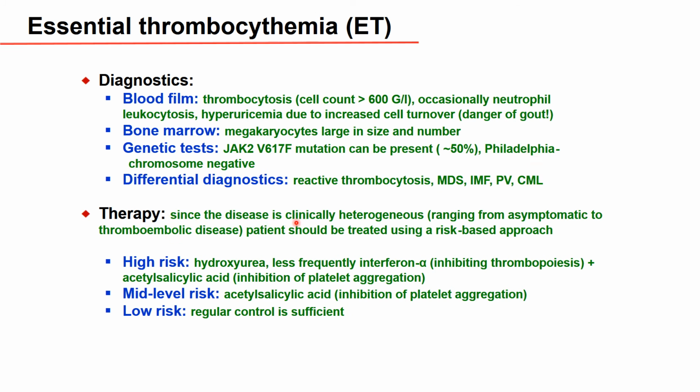The treatment in this disease is clinically heterogeneous. Usually, when it's asymptomatic, or you can prevent, for example, thrombus formation, especially in high-risk patients, you can use hydroxyurea to decrease the cell count, less frequently interferon alpha that inhibits thrombopoiesis, and they are using an inhibitor of platelet aggregation, acetylsalicylic acid, for example, or clopidogrel can be used.